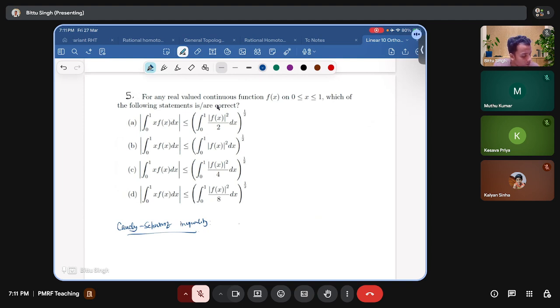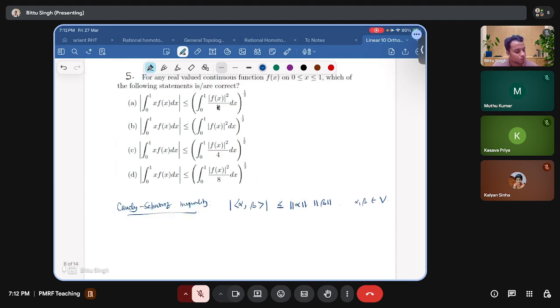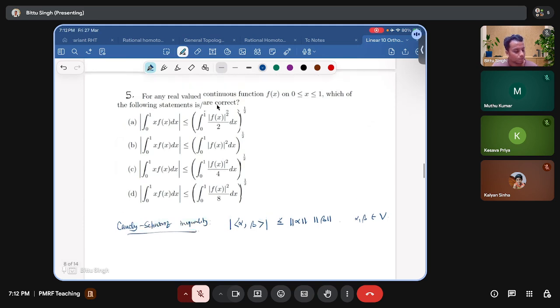There is an inequality, that is, the modulus of the inner product of alpha with beta, so that this becomes a real number, is always less than or equal to the norm of alpha times the norm of beta, where alpha and beta come from some inner product space. Now, can we use this to prove this kind of properties?